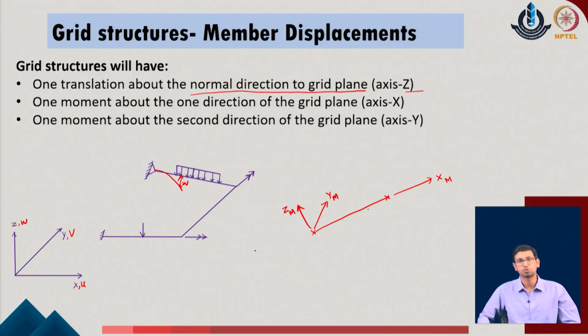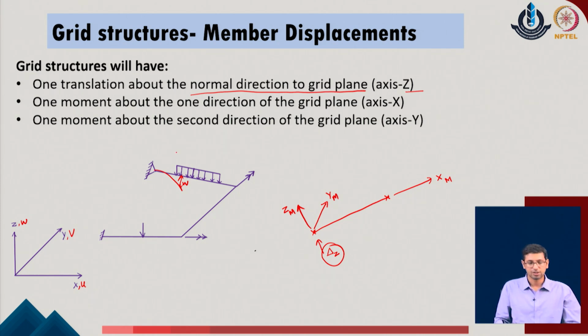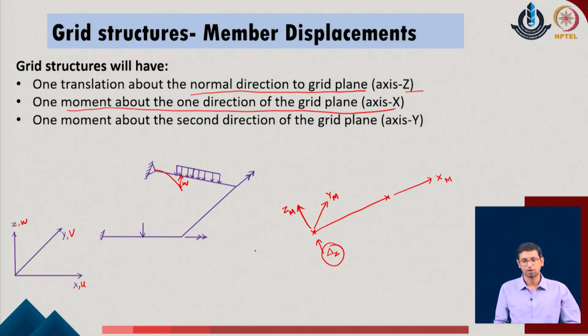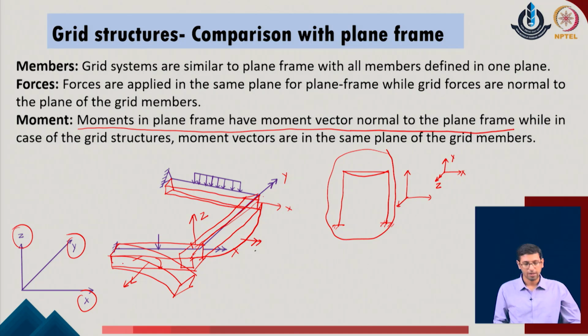So, the displacement which we define at any point is typically in the direction of z of the given system. So, this is delta z which we typically describe at any node, one of the displacements in the transverse direction of the given plane. The second is the moment, and that moment is like a twisting moment of the given system, and that we call the given moment in the x plane. So, now one can consider it in a very simplistic manner from the previous figure, as we already said that both the members are going to bend.